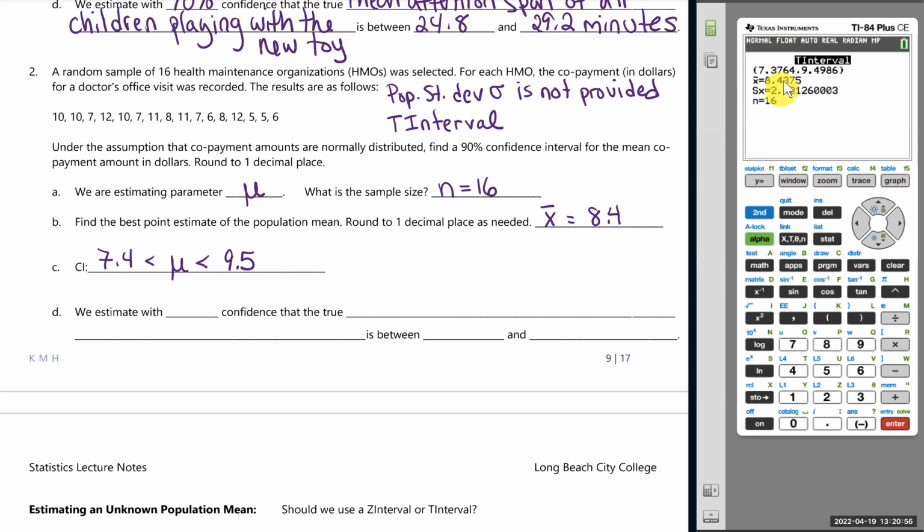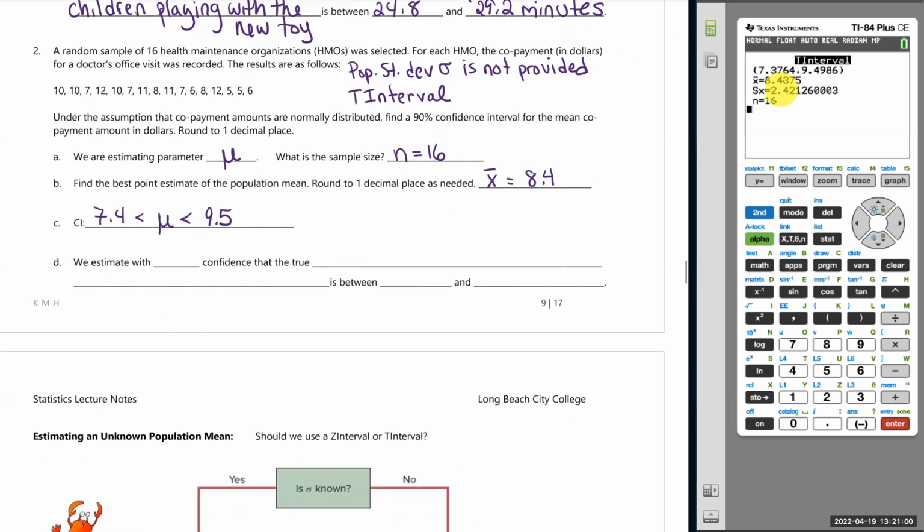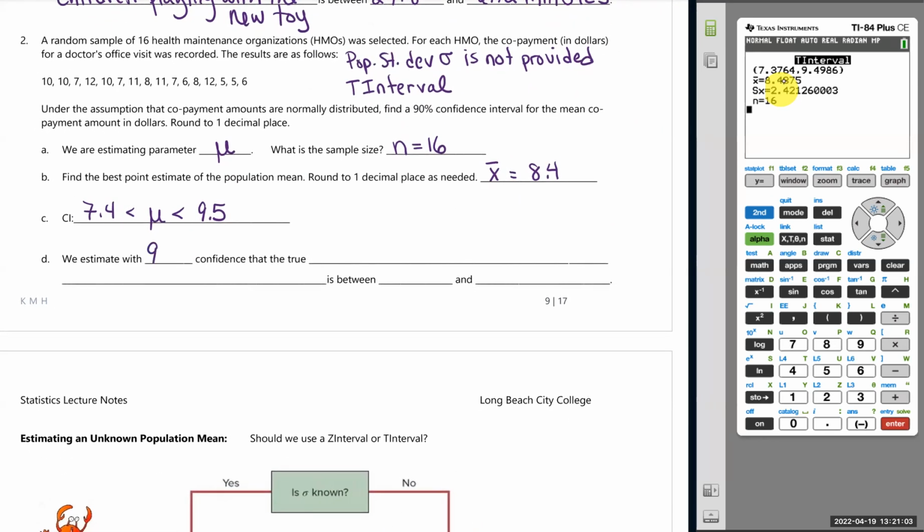Okay, and then we'll just write the sentence. I can estimate with 90% confidence that the true mean copay, so this was based on 16 HMOs.